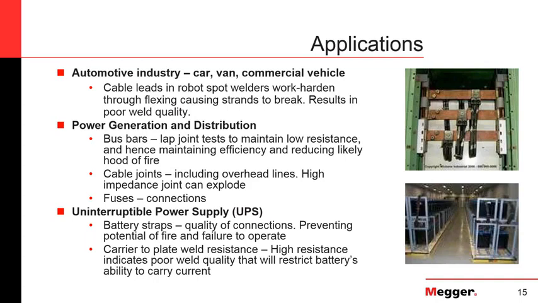So it's really important to prevent those conditions from happening, to be sure that we have healthy systems and that those connections are quality connections. The best and quickest way to assess that is measuring the resistance between the adjacent posts of battery terminals.